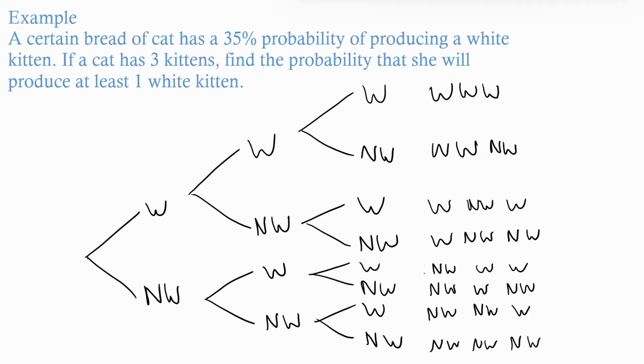So, the probability of at least producing one white kitten. The trick here is that instead of going and adding everything up, because we know all of these have at least a white kitten, we're looking for the ones where it doesn't. That's just the bottom one. I know over here this was 0.35, which means this is going to be 0.65, 0.65, 0.65.